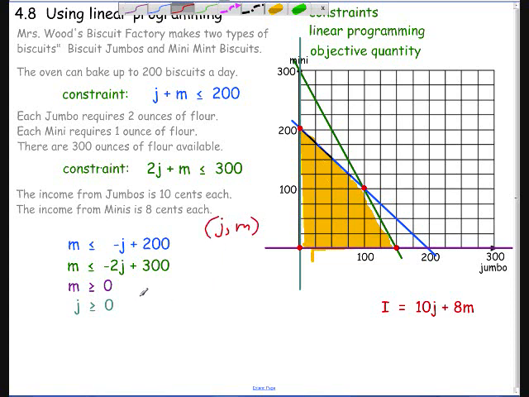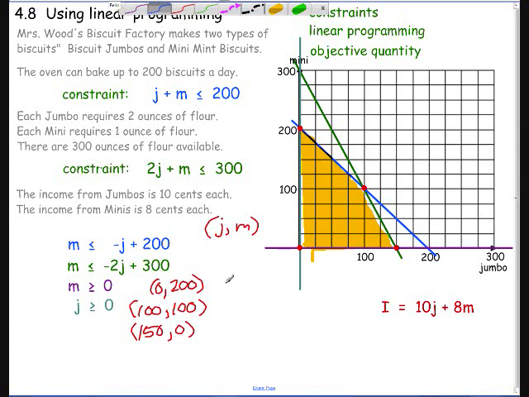J, M. I'm going to try this one, which is 0, 200. And I'm going to try this one, which is 100, 100. Now what am I testing here? I'm testing the vertices. And here it's, let's see, 150, 0.